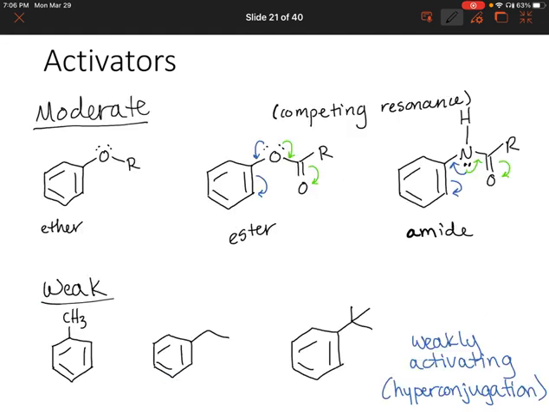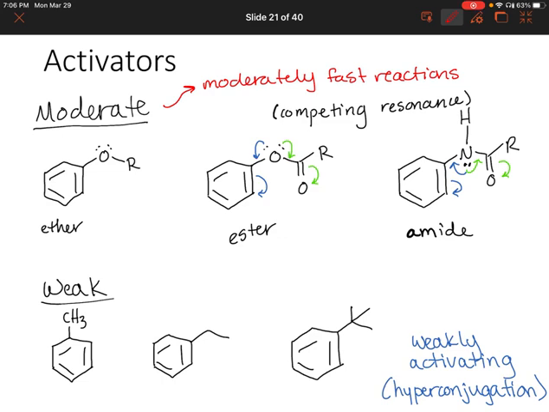However, if you have a moderate activator, then the speed of the reaction is going to be moderate. Actually, I'll write this in a different color since I already wrote something next to that.